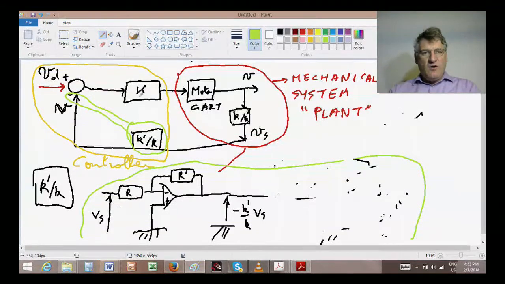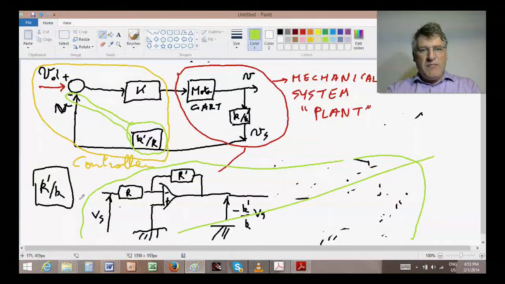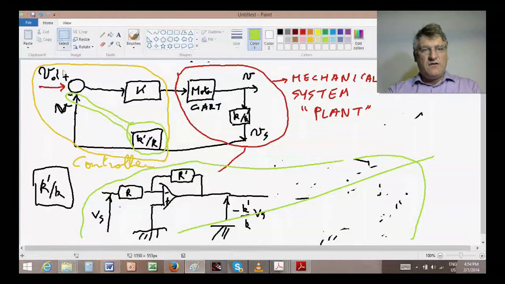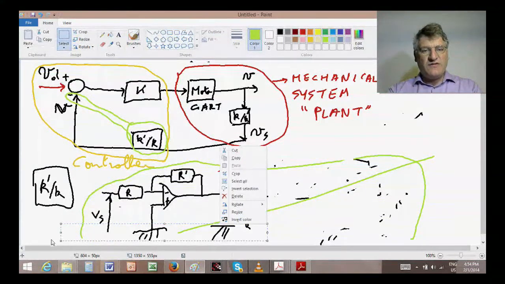Now, all that remains is to add this signal with that signal. Now, we have seen how to do that by doing the following. I'm going to erase my drawings here to concentrate on the next drawing.